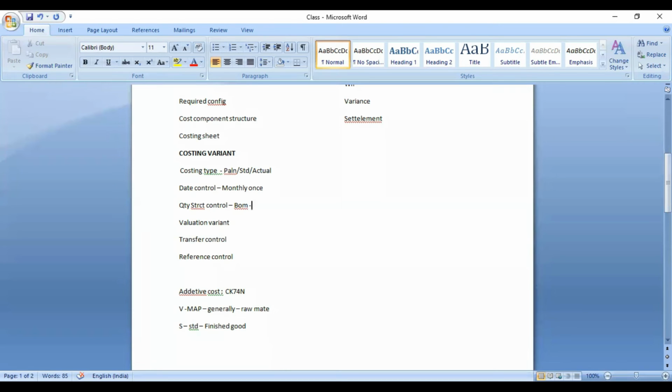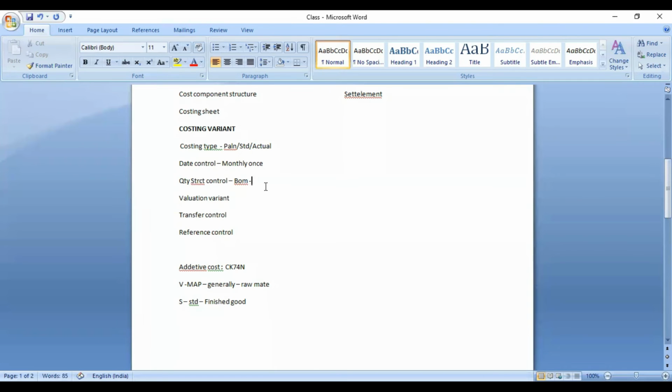For example, I have one operation process. In that operation process I want material X and material Y. These two are under my BOM header. These two are raw materials.